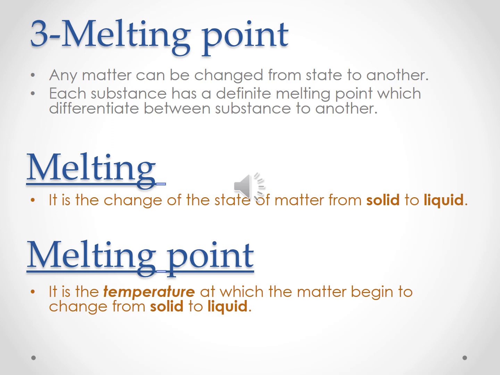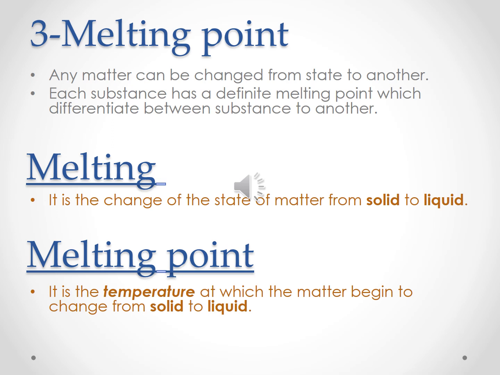So, for example, I can change from the solid state to the liquid state by heating, and this process is called melting. So, what is meant by melting? Melting is a process in which I can change from solid to liquid by heating.